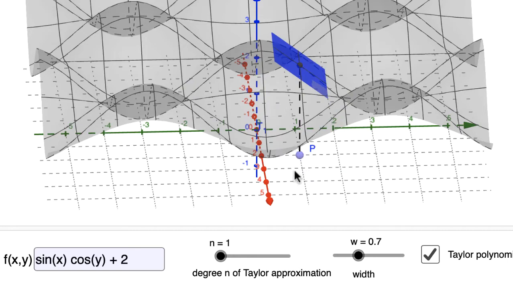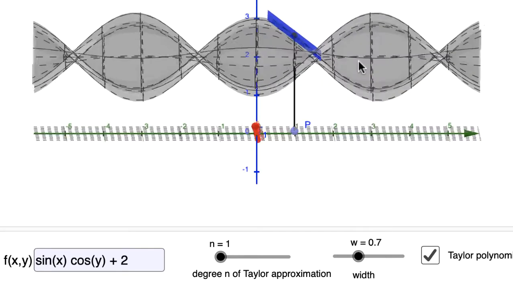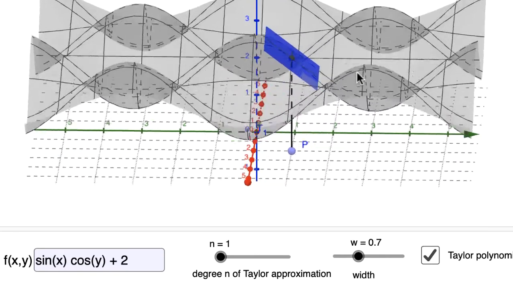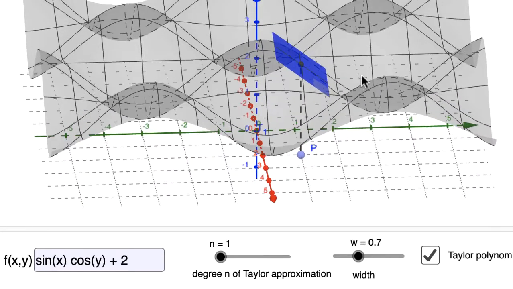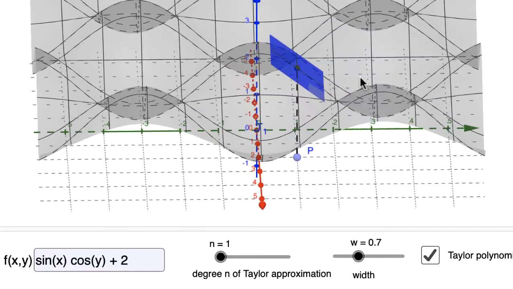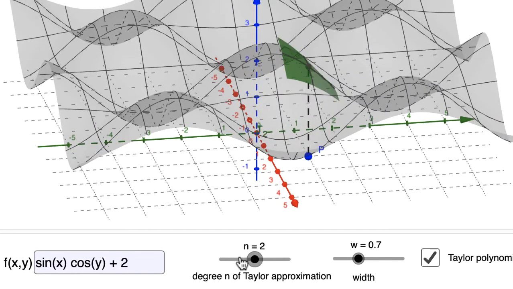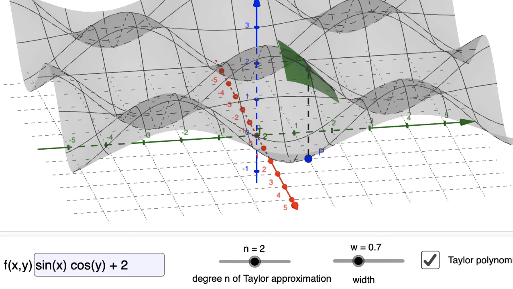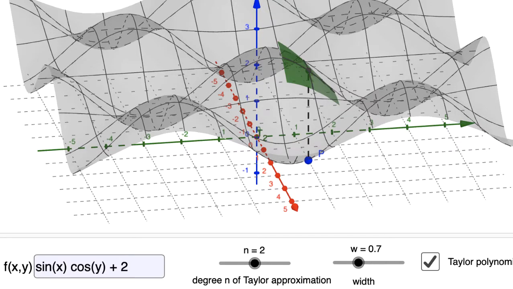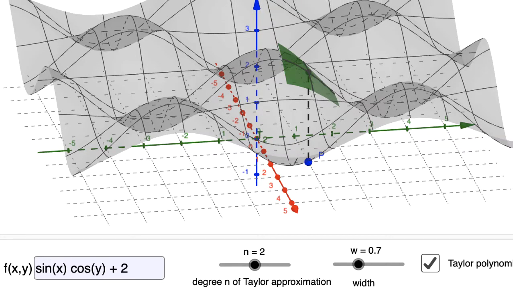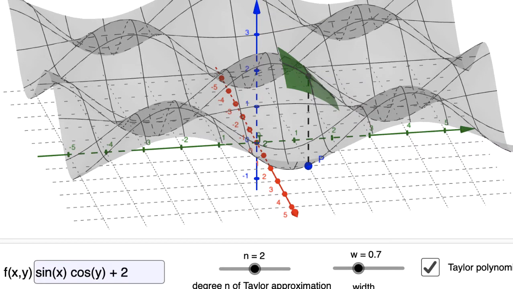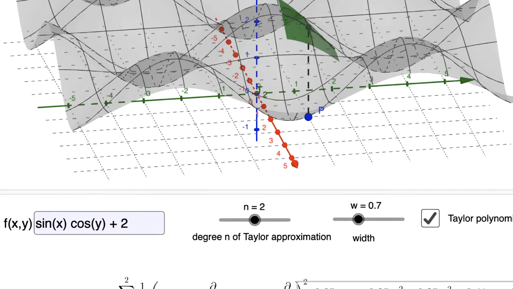Now, it's also useful to know, especially when you start studying the classification for critical points, that you can keep going in the Taylor expansion. So for example, you can do the quadratic Taylor approximation, which is again a bit more complicated to show you. Let's see.